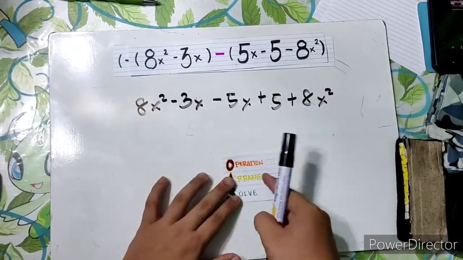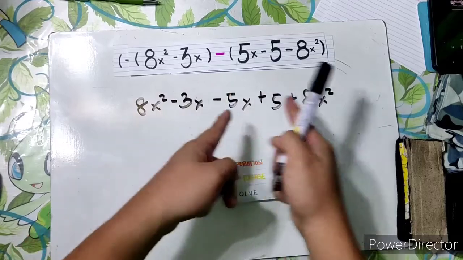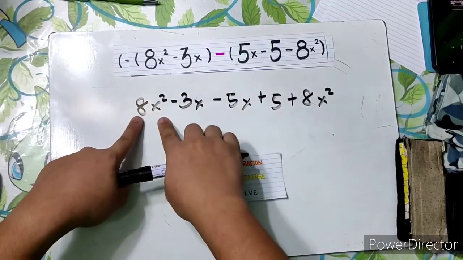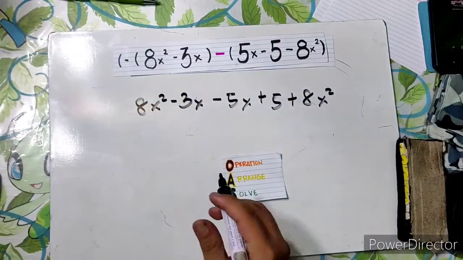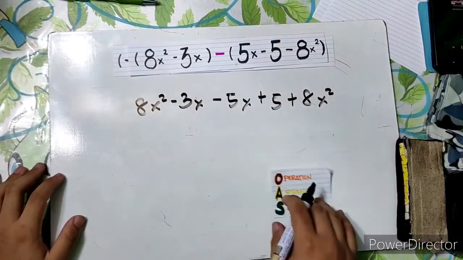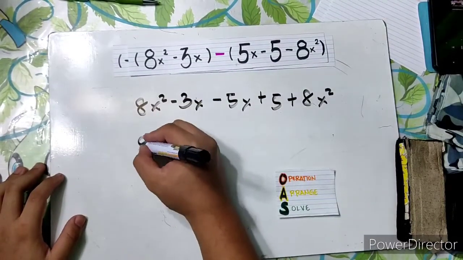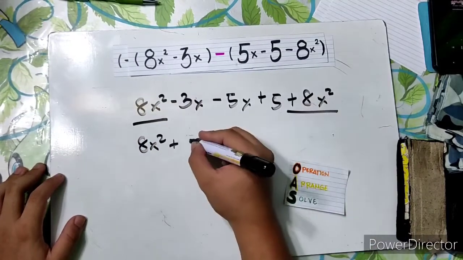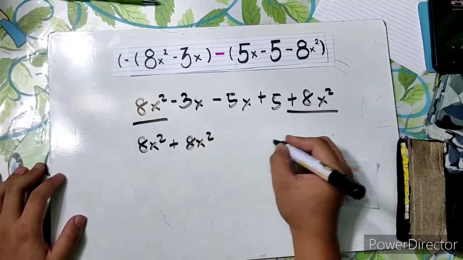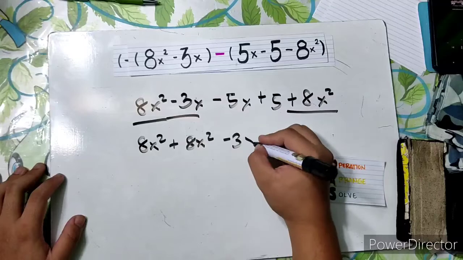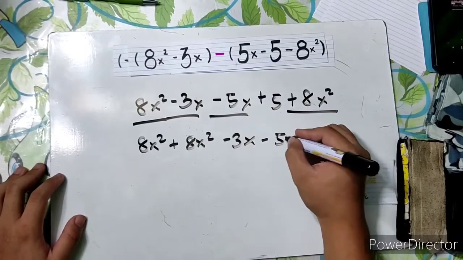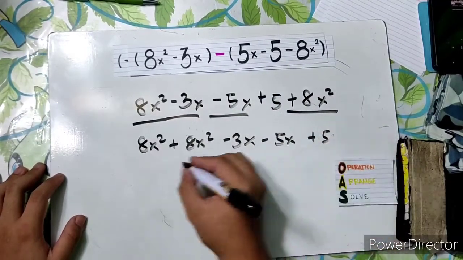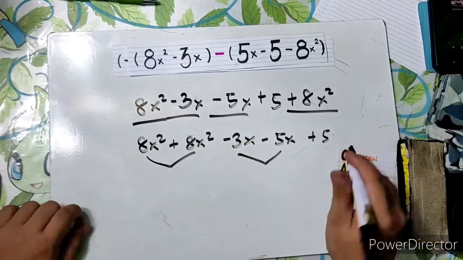Now on the arrangements again, from left to right, we need to see the highest or biggest exponent. So we start from here, 8x squared plus 8x squared minus 3x minus 5x plus 5. And we're gonna solve this.